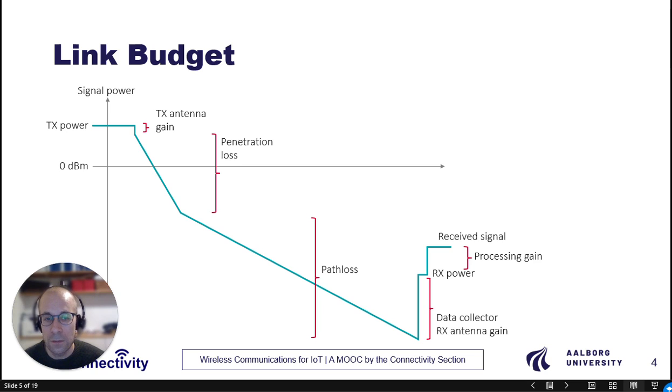And this is then the level of the received signal that we can decode in the receiver. Now, if you assume that this received signal is the lowest signal possible, so at the lowest level where the receiver is able to decode the signal successfully, then this refers to the link budget.